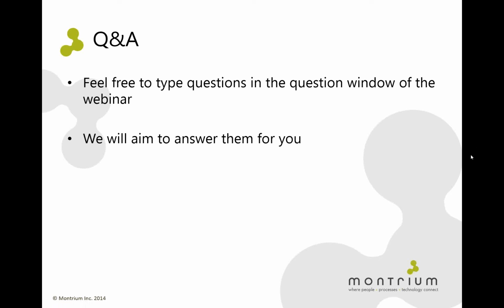So the first question is, how do we integrate our external data into SharePoint? And the answer is, SharePoint's a very open system, and there are a series of different mechanisms for being able to pull information from third-party systems such as ERPs or other systems that you're using within your operations, so that we can cross-reference data.